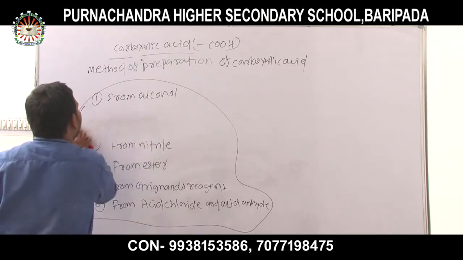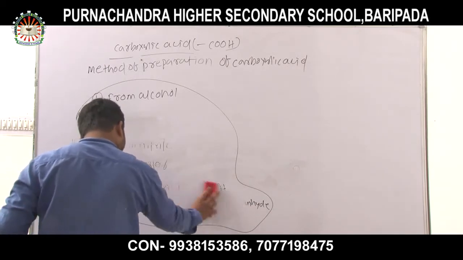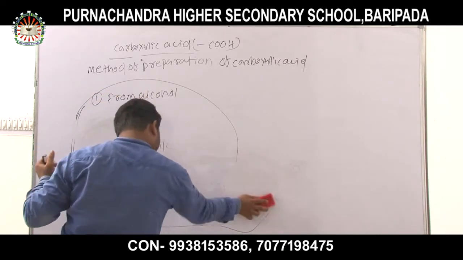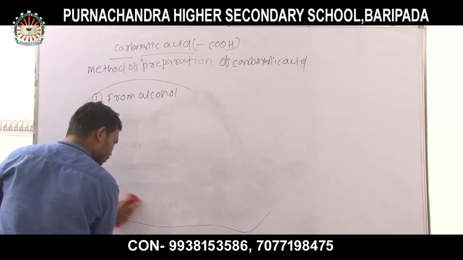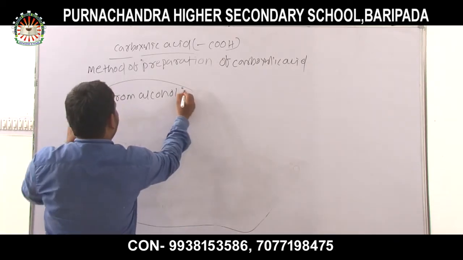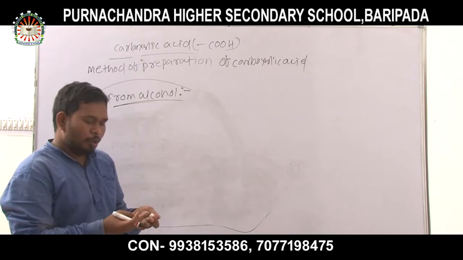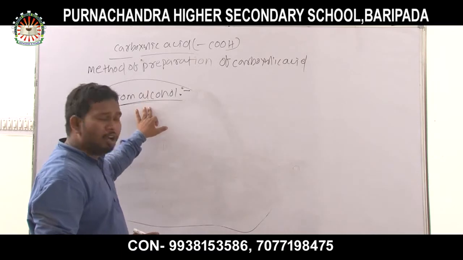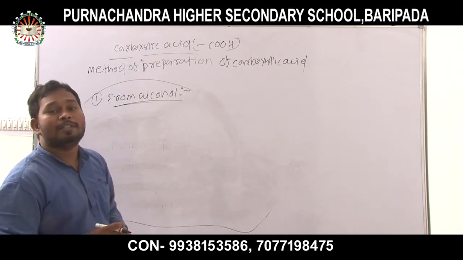First one is from alcohol. When alcohol is treated with acidified potassium dichromate solution, then carboxylic acid is formed.